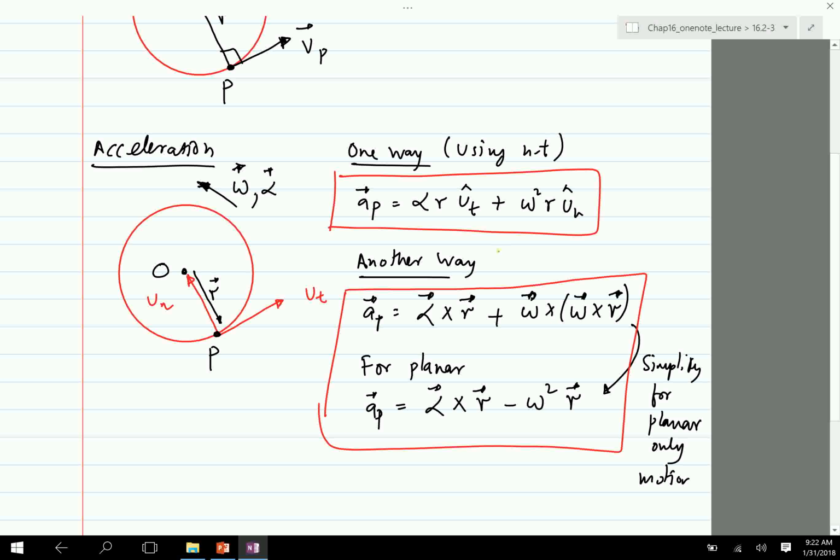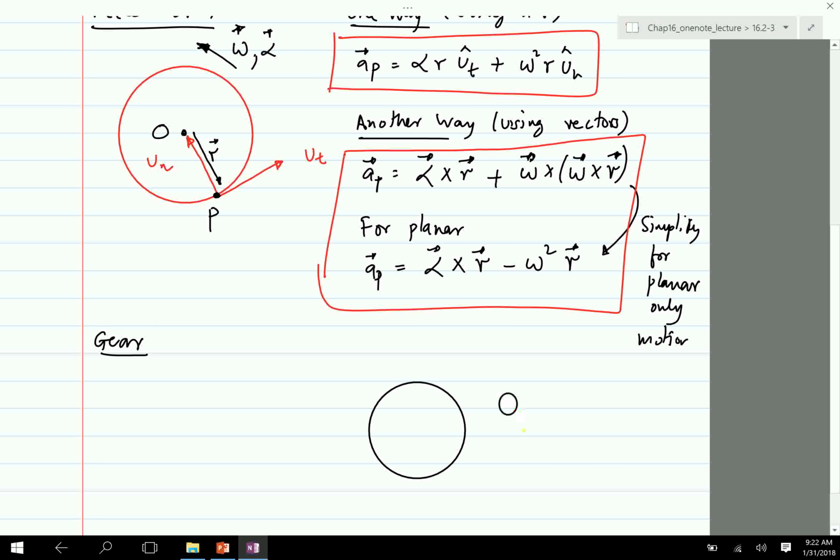Okay, the last thing before we start solving problems is gears. I have not drawn gears because it takes a while to draw gears, but when I show two circles, it means that they actually have gears on them, and these gears mesh against each other, and that's how things move.